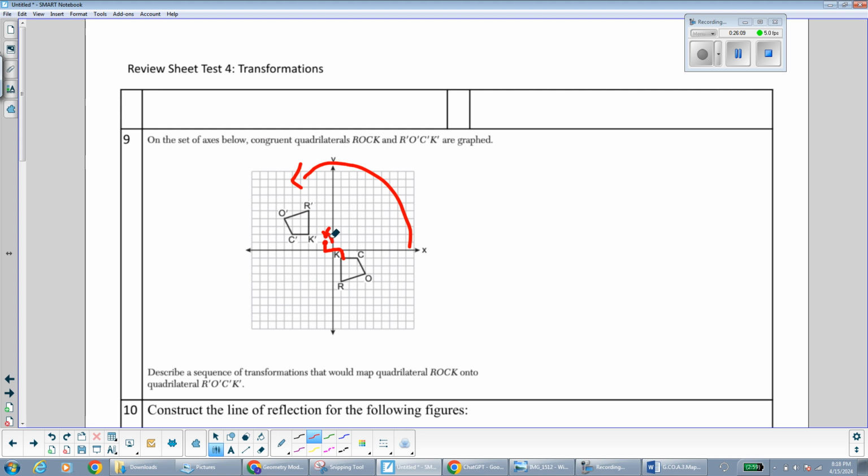So that's where I have K prime. Let's check out C. 1 up, 1, 2, 3 over. Let's check out R. 1 over, 1, 2, 3, 4 up.